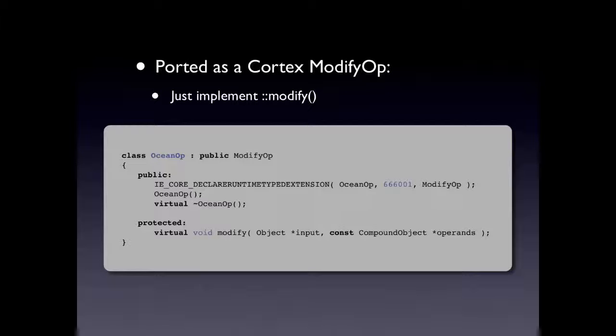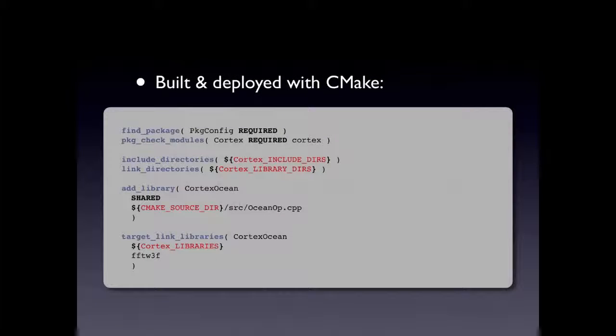Basically declared it like this, and then implemented the modify function. This is basically the CMake to build and deploy it. And it's just an example of how it works.